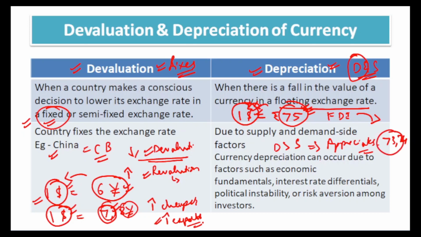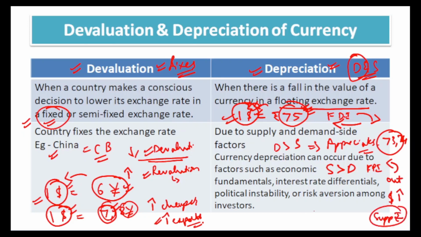When the supply is more than the demand, when the market is flooded with Indian rupees, or when the foreign investors want to go out of India, they would start selling the Indian shares and bonds and converting it into US dollars. So when the FPI moves out of India, the demand for US dollars will increase and the supply of Indian rupees in the market will increase.